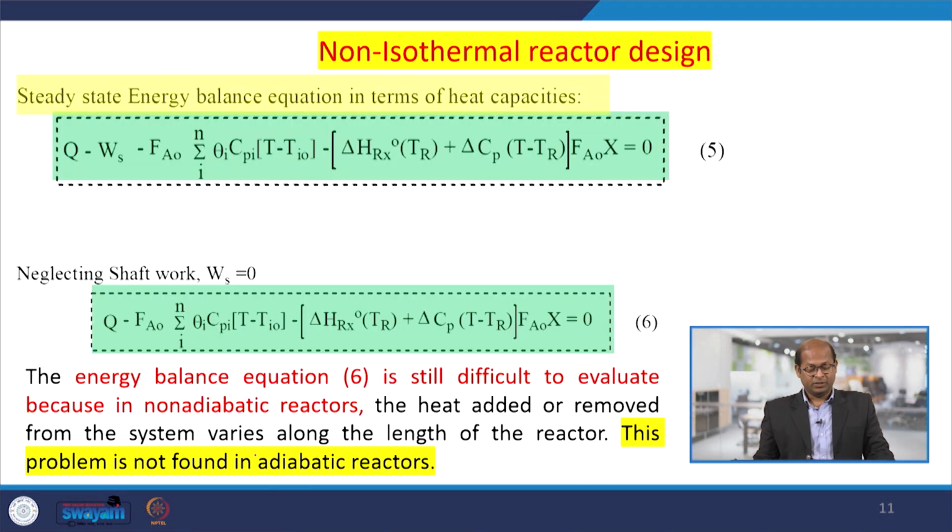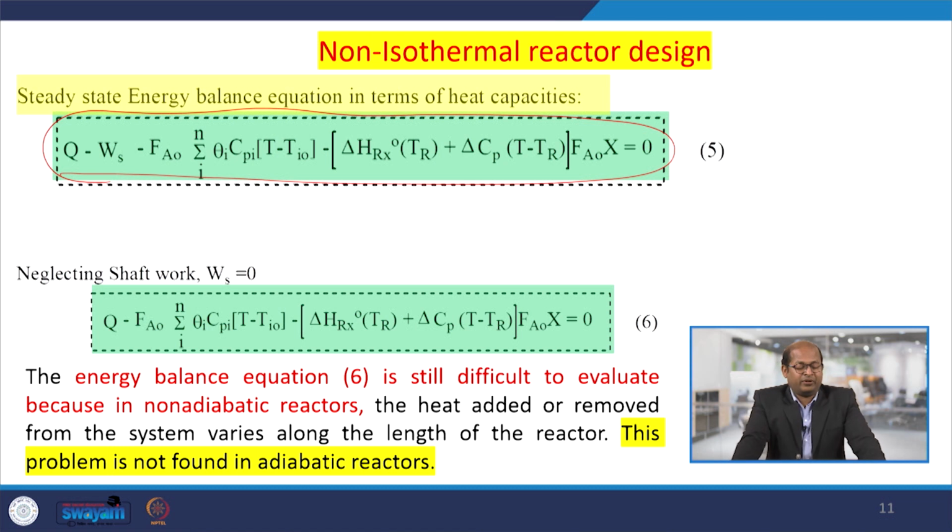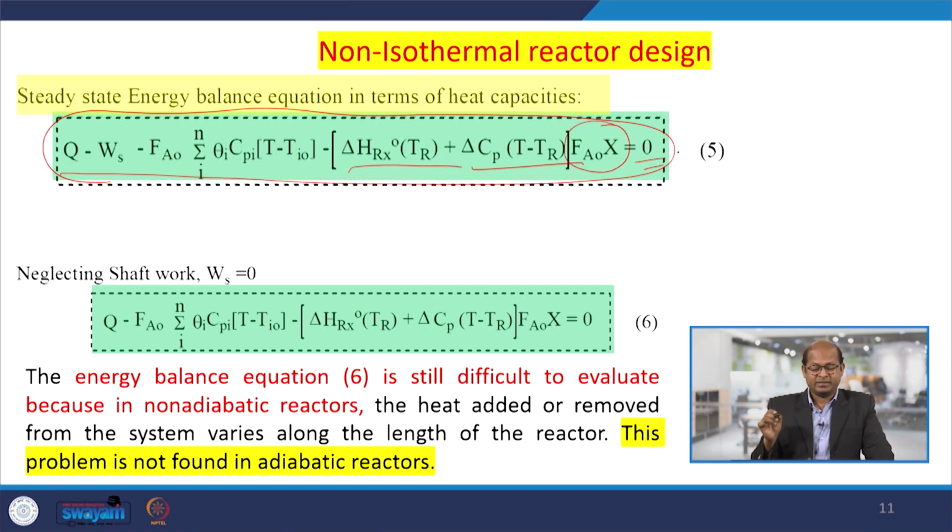Then the steady state energy balance equation becomes: Q minus Ws minus FA0 sum from i equals 1 to n of theta i Cpi (T minus Ti0) minus [delta H Rx0 at Tr plus delta Cp (T minus Tr)] times FA0 X equals 0. At steady state, this is the final energy balance equation.